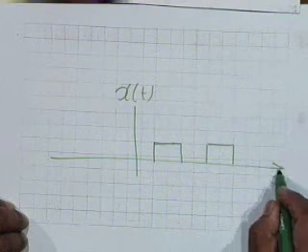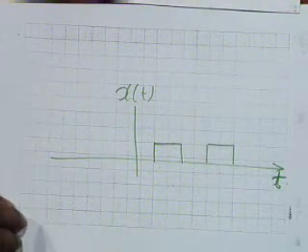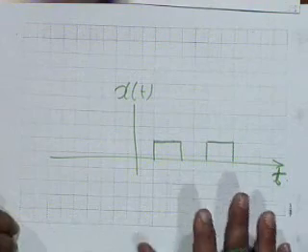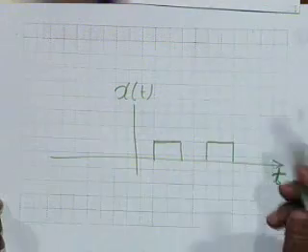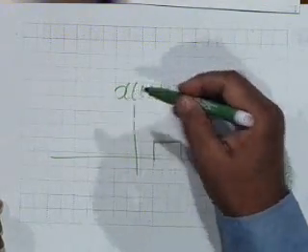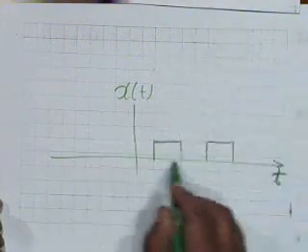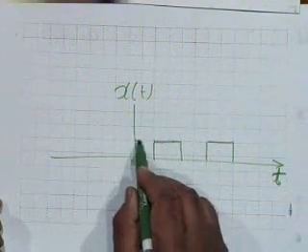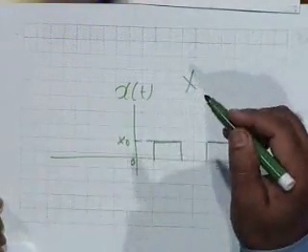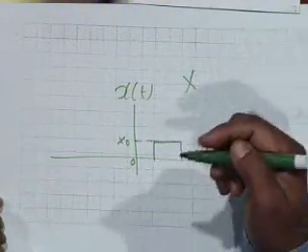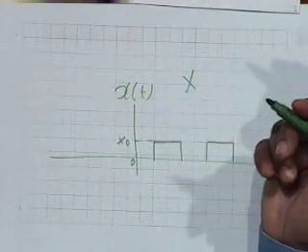There are two different things that one must not confuse. The time function is not a discrete function of time. Time is not discretized. Time is still continuous. It is the values of x that are discretized. In this example, the values of x are 0 and let us say x0. That is, the random variable capital X can take only one of the two possible values, perhaps with equal probability, perhaps not. So, this will be called a discrete random process.